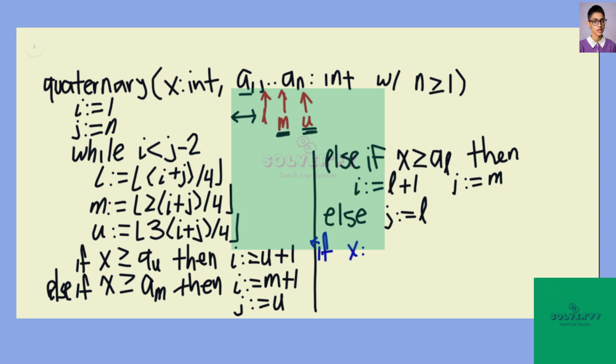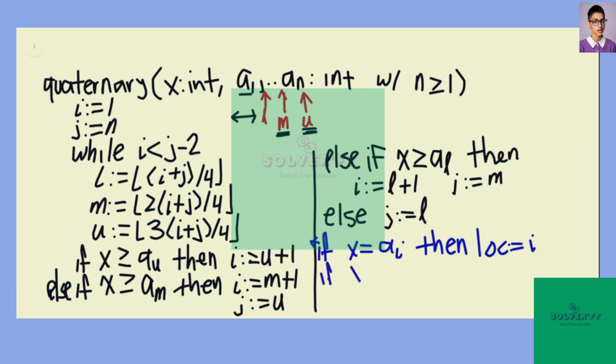But so then we would say if x is going to be equal to a sub i, then we can set our location to i. All right, and then the same thing for the next index.